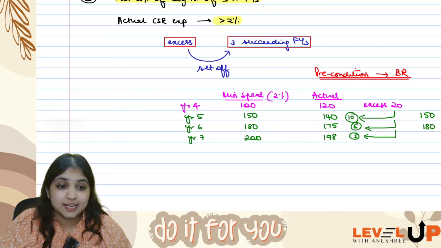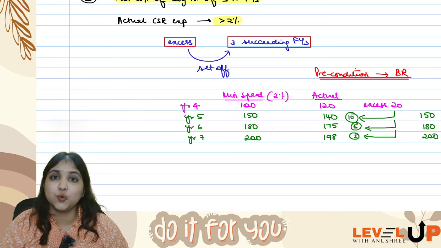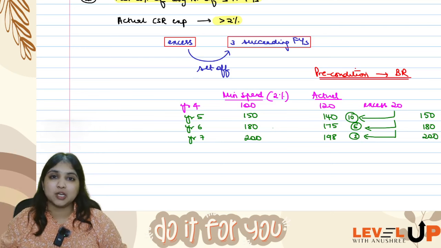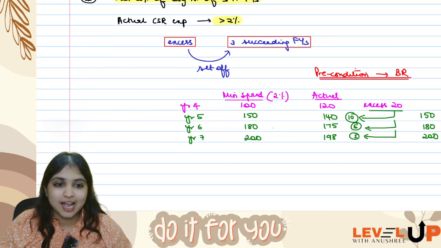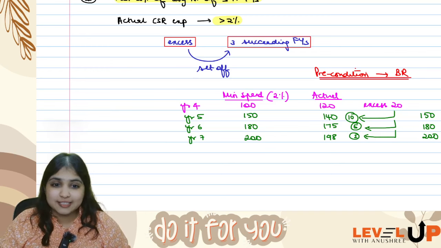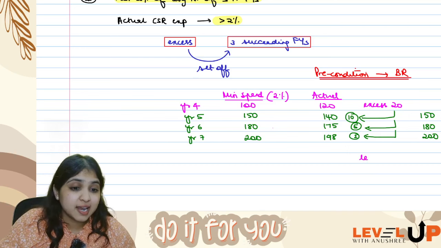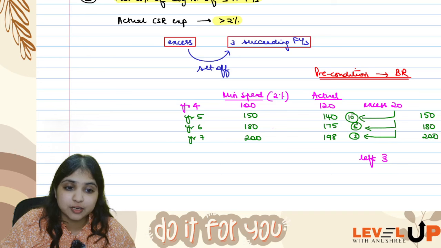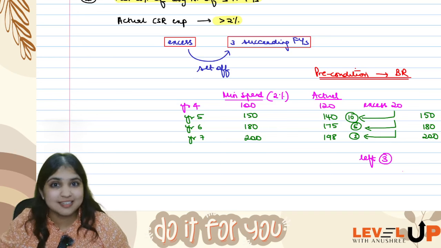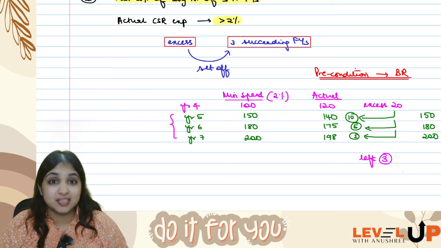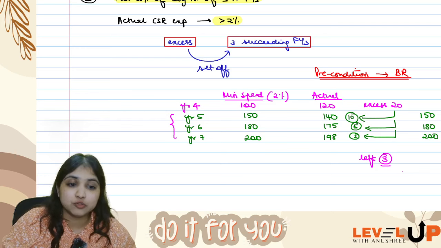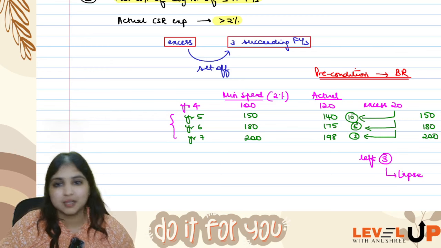So it's as if 198 plus 2, the company has spent 200, the minimum requirement, no implications again. So out of the excess 20, how much have you utilized? You have utilized 17 over here. We still have how much excess left over? 3, guys. Now can this 3 be used against subsequent years? No. It can be set off only against the requirement of the next 3 years. After this, if you still have excess amount left over, this will simply lapse.